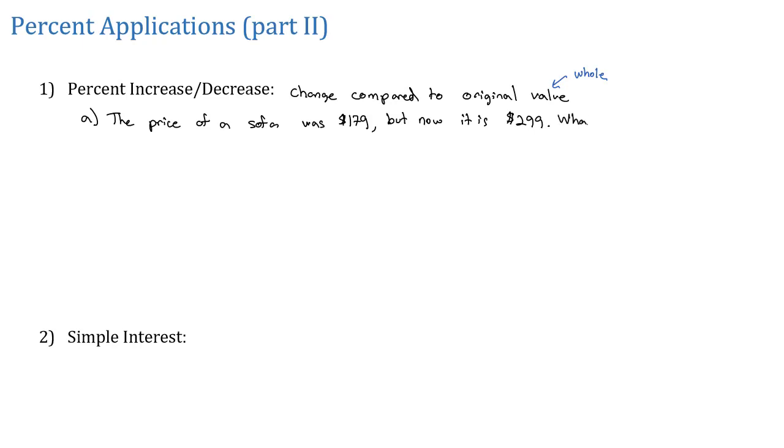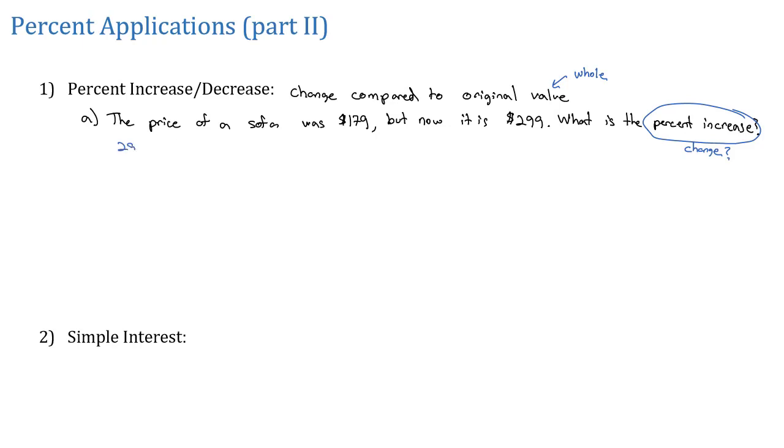We want to know what is the percent increase. And as soon as I see that phrase percent increase, that needs to cue me in that we're looking at the change compared to the original. What is the change? Well, the change is going to be the change in price.